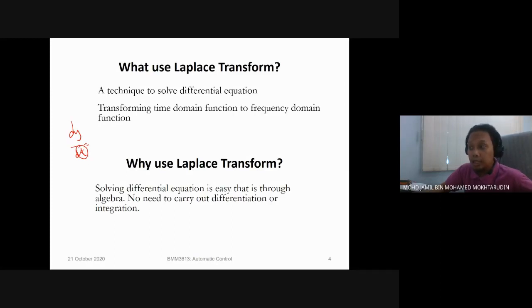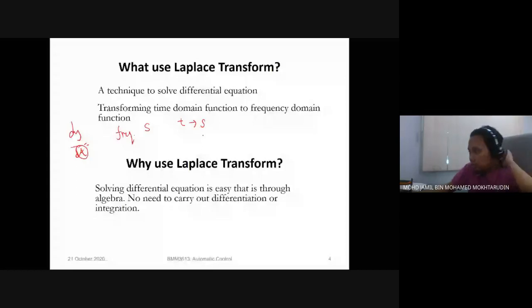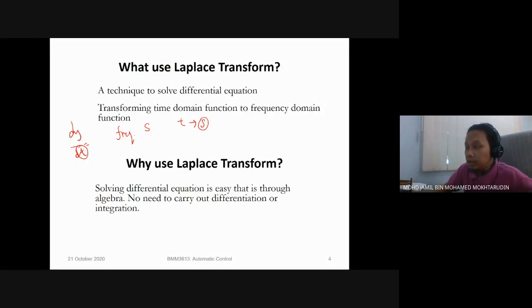You use Laplace transform to convert this into frequency domain, usually denoted by the symbol S. Later we will see what this S means, and it is very important until the end of this course, because you will analyze the S later.